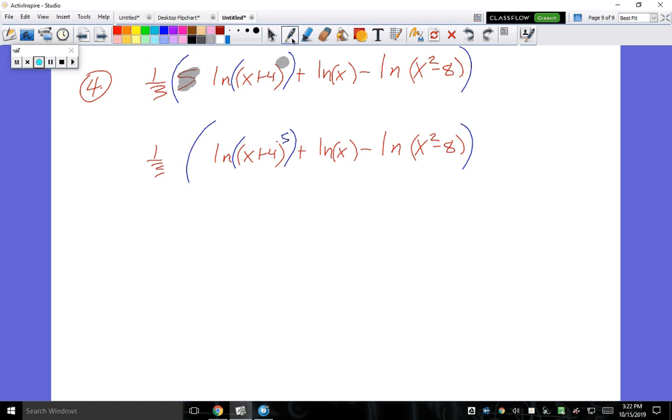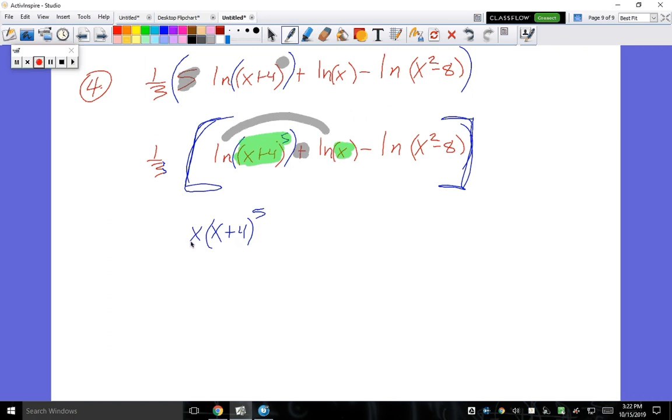actually, you tell me, because some of you are going to do things differently. What could I do from this step? Because right now, this is 1/3 times all of this. Can we work the inside first? You can work the inside, yeah, for sure. Because you have addition between 2. What will these 2 arguments do with each other? They will multiply. So we're going to do (x plus 4) to the 5th times x, and then all over, we're dividing the x squared minus 8.